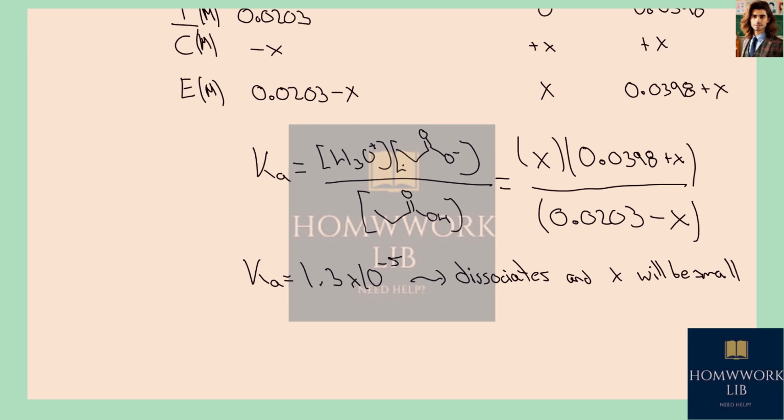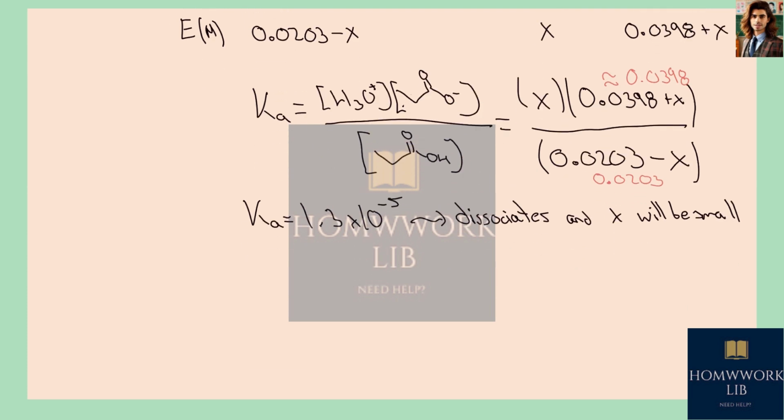If X is going to be small, what is going to happen is that on this part, this is going to be approximately 0.0398, and down here, this is going to become approximately 0.0203. That is just one approximation, and we are going to verify that that result is true.